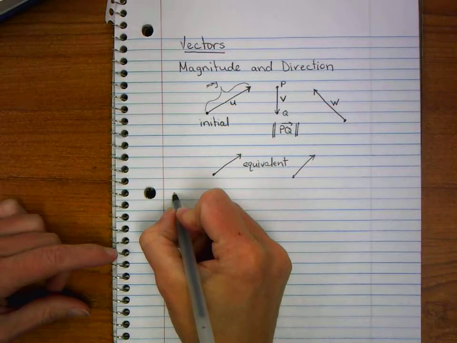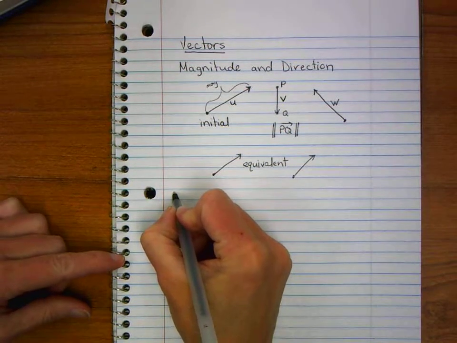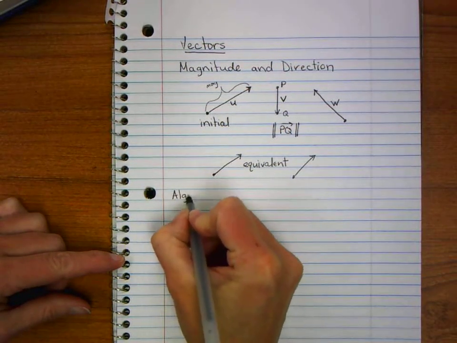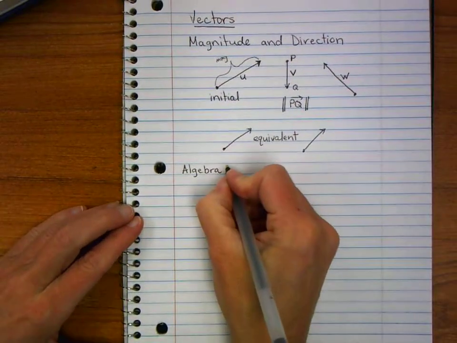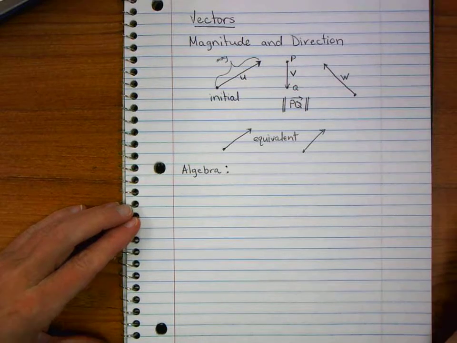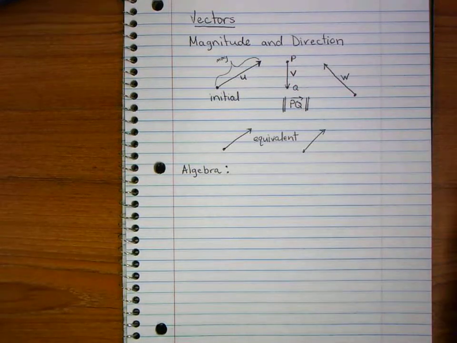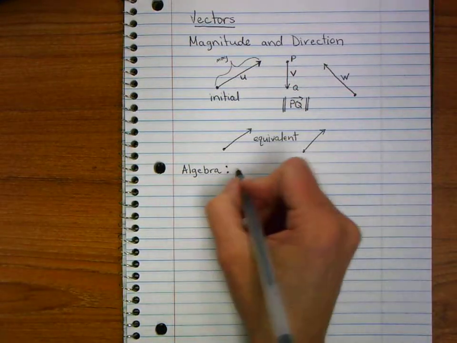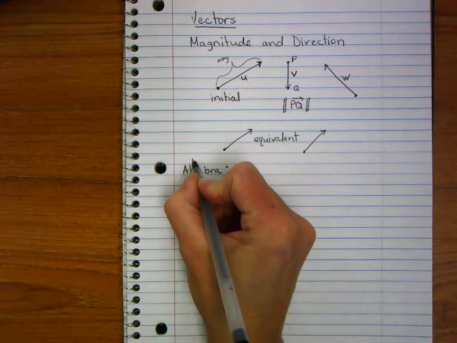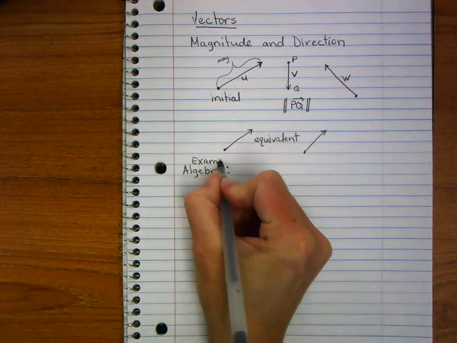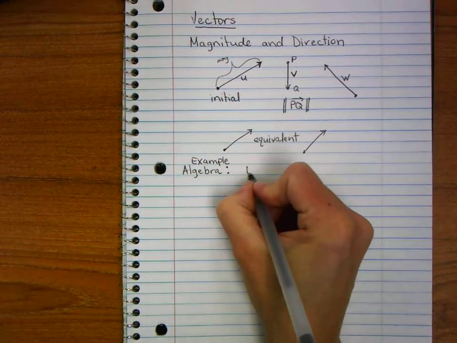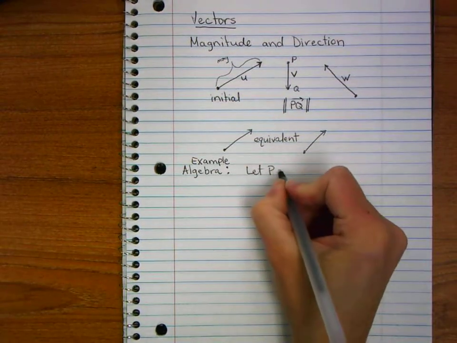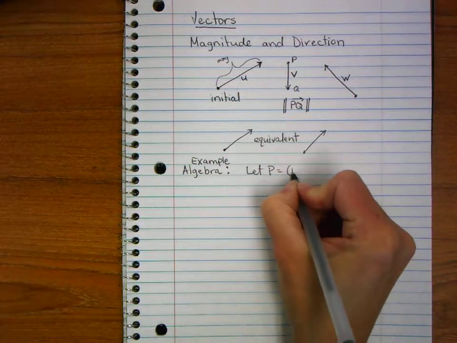Now let's look at a little bit of the algebra for the vector. And it's probably easiest if we just take an example. An example from algebra, and we'll say we have a point P, let P be the point 1, 2.